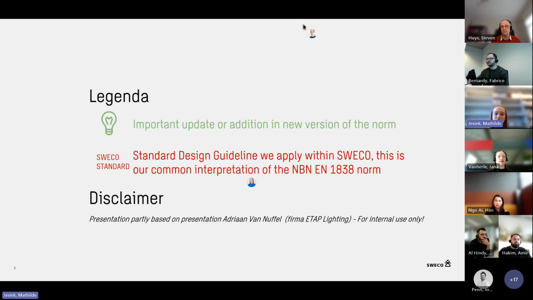This we call the Sweco design guidelines, the Sweco standards, and you will see it in red text throughout the presentation. If you ever have a problem with it, this is our interpretation of the norm. It's not set in stone or anything. It's so we all design in the same way within Sweco.